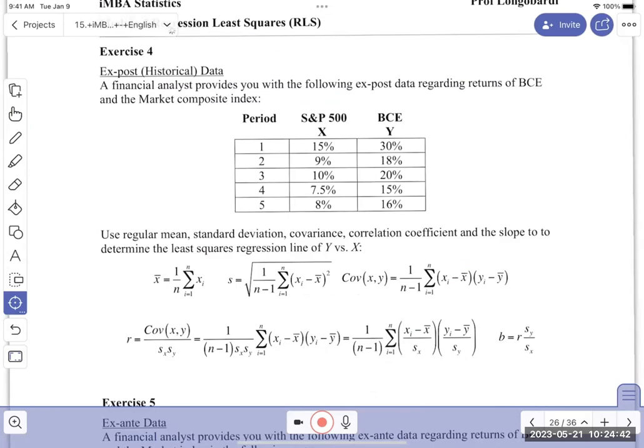So here I have finance data on returns. These returns are for a particular company, and these are the returns of the S&P 500, which is an index that tracks the performance, in terms of returns, of the 500 top performing companies, or the most valuable companies.